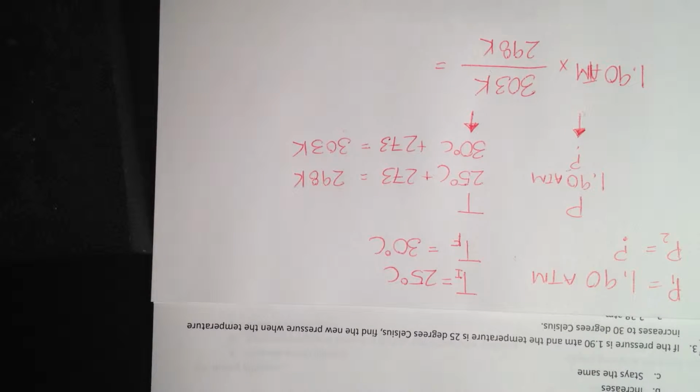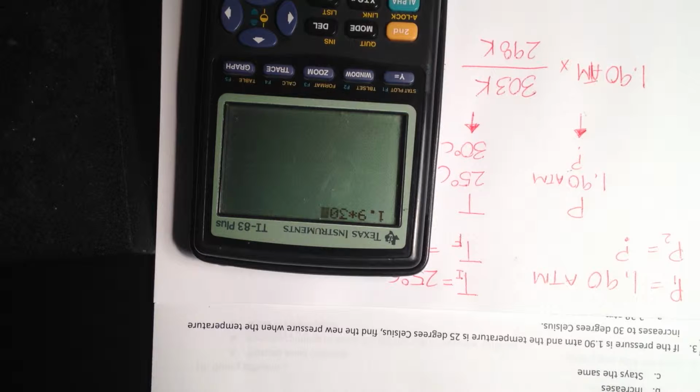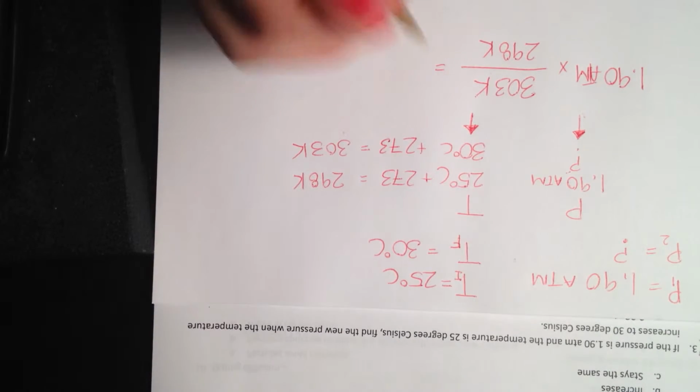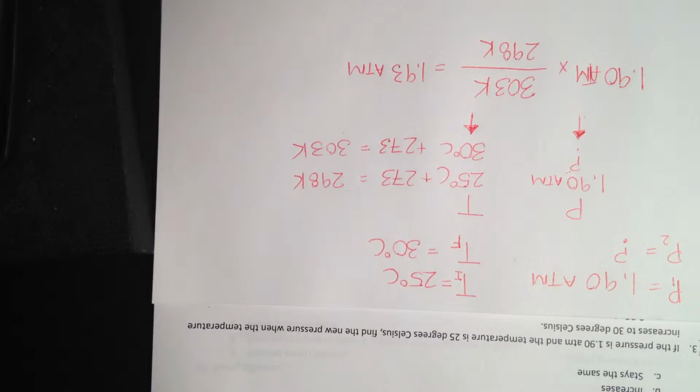Because when you multiply by a bigger number and divide by a smaller number, our pressure should go up, which it does, to 1.93 atmospheres. So that would be our answer for number 3.